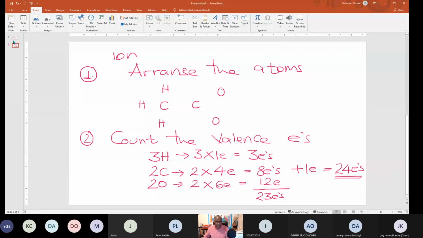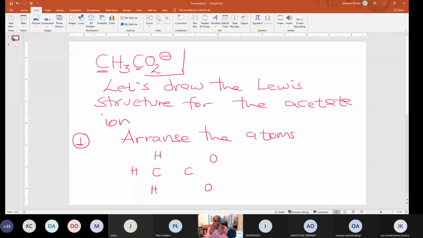Okay, let me start. We want to draw the Lewis structure for the acetate ion, which is CH3CO2 minus. Be it an ion or a neutral molecule, whatever the case, when you are drawing the Lewis structure you follow the same rules and the same steps.